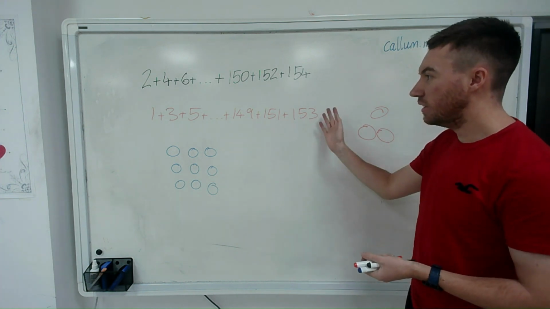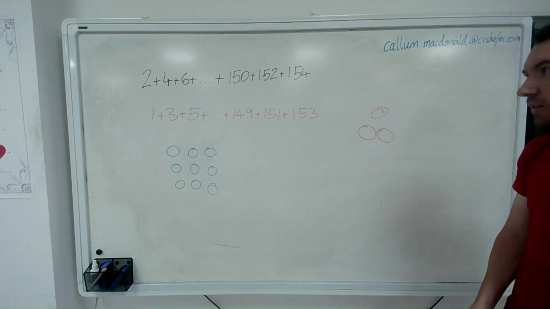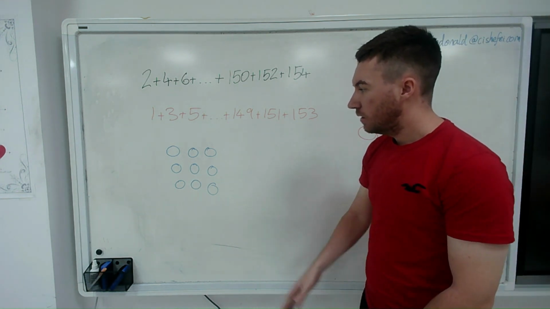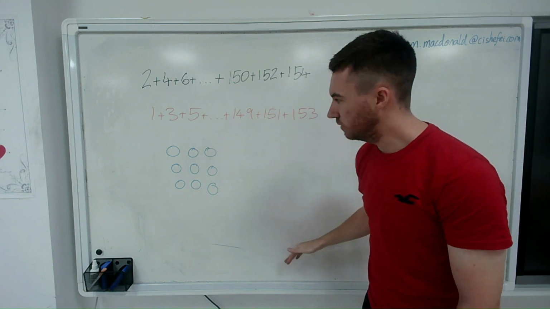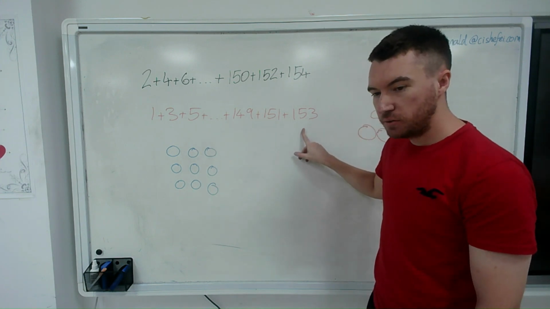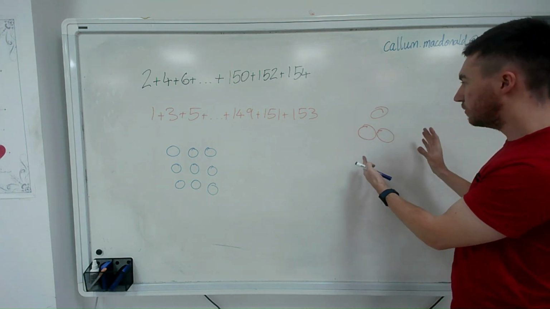Or I can do this until I get to 153, which I'm not going to do. But let's try and see the pattern here, yeah? So I can form a square that is 153 by 153, and I will have some things left over. But how many things will I have left over?